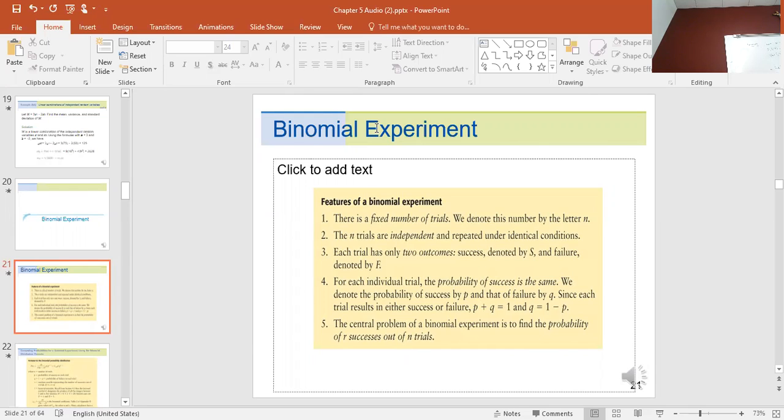A binomial random variable is fully defined by the knowledge of the number of trials and the probability of success at each trial.